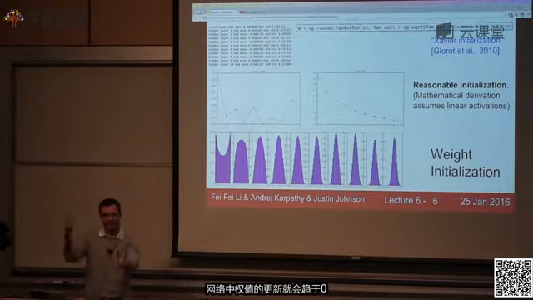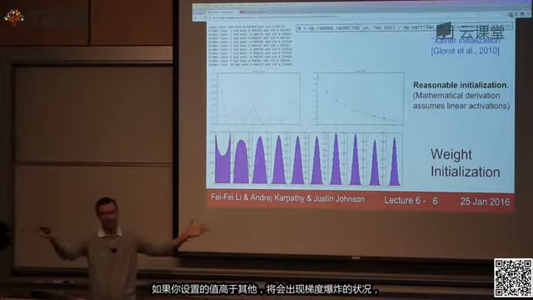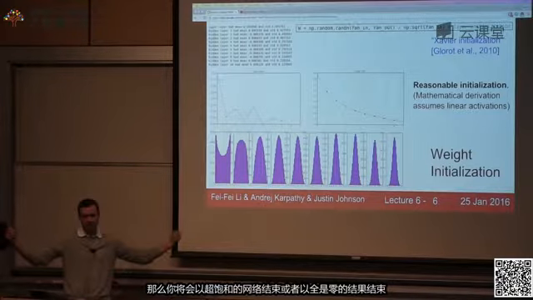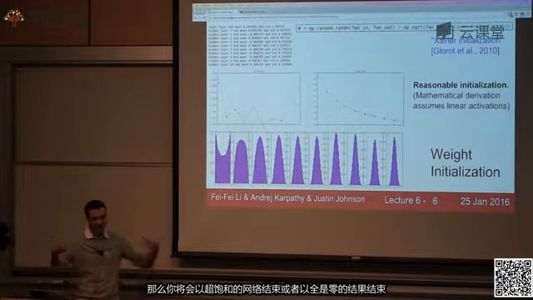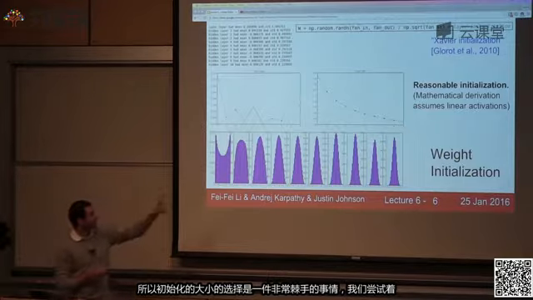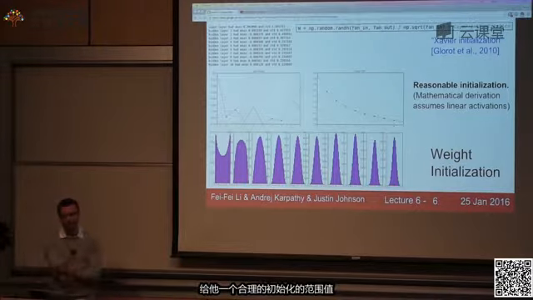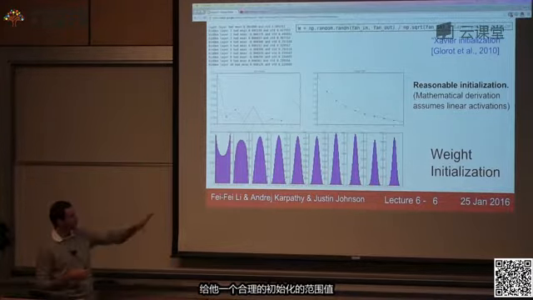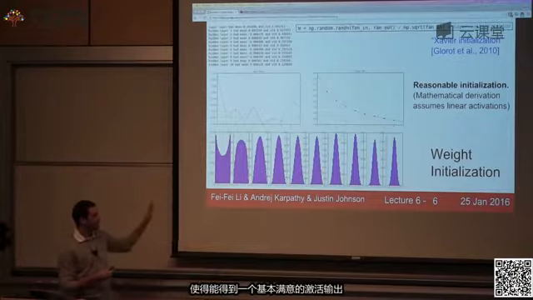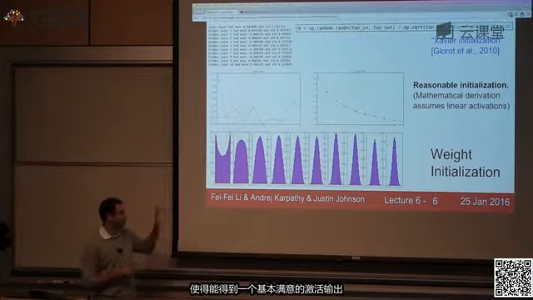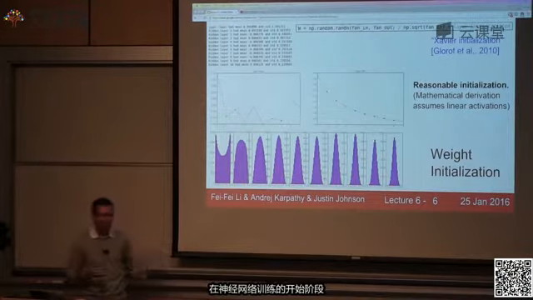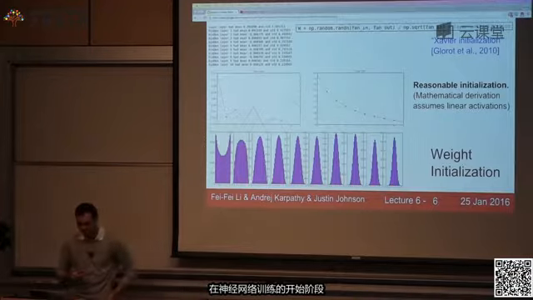And if you set that scale slightly too high, then all of them will explode instead. So you end up with either supersaturated networks, or networks that just output all zeros. That scale is a very tricky thing to set. We looked into the Xavier initialization, which gives you a reasonable thing to use, and that gives you roughly good distributions of activations throughout the network in the beginning of training.